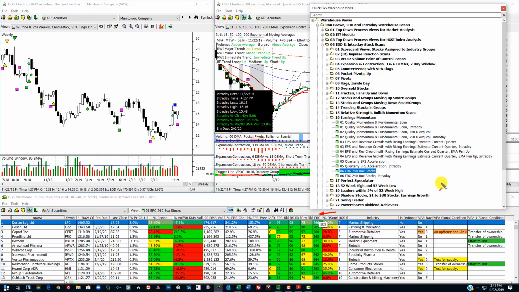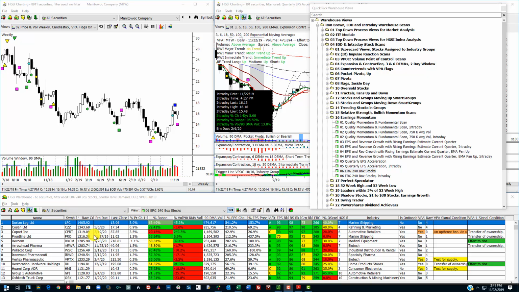You will find stocks that generally have good balance between EPS rank, relative strength rank, and group rank. They're not all consistently high, but generally they are. I'll leave it at that.